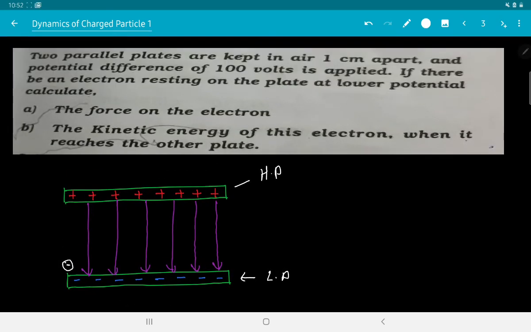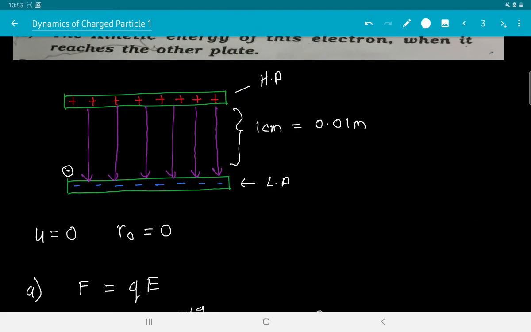Instead they have given us the potential difference, 100 volts between the plates. The distance between them is 1 centimeter, that means 0.01 meter.